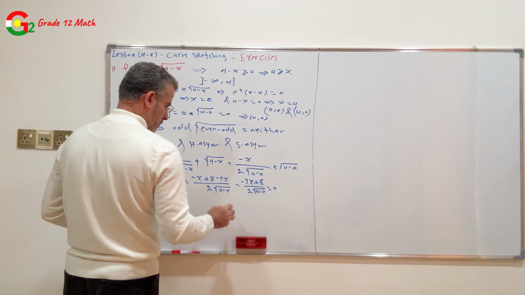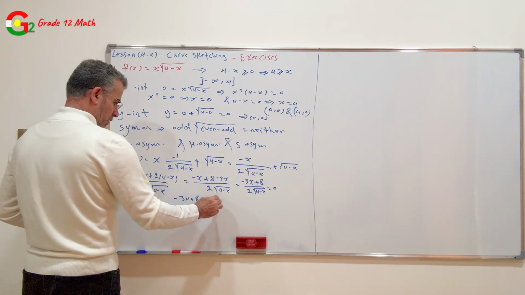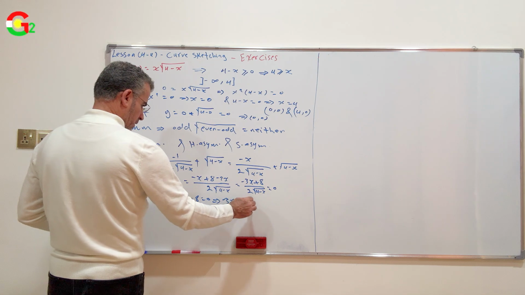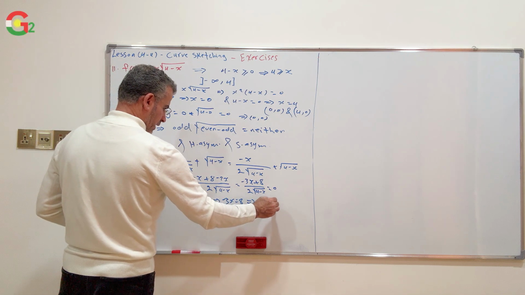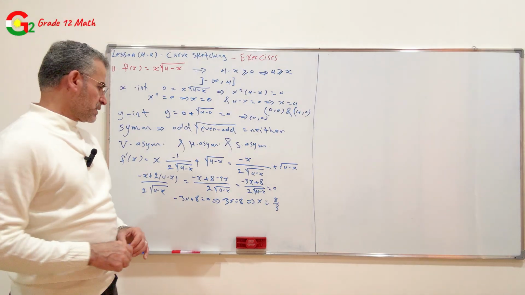Set it equal to 0. Then negative 3x plus 8 equals 0. Then negative 3x equals negative 8, so x equals 8 over 3 is a critical value for this function.